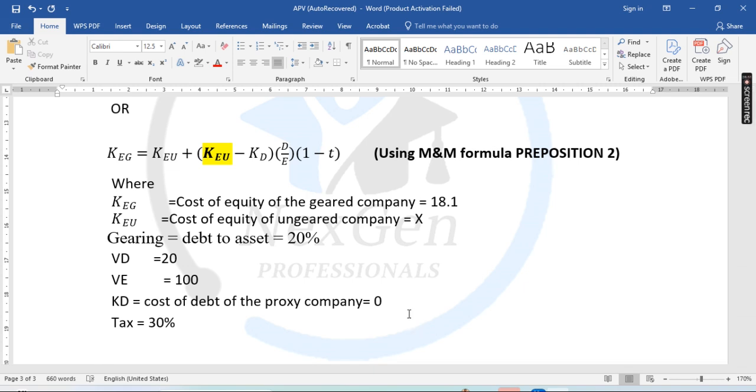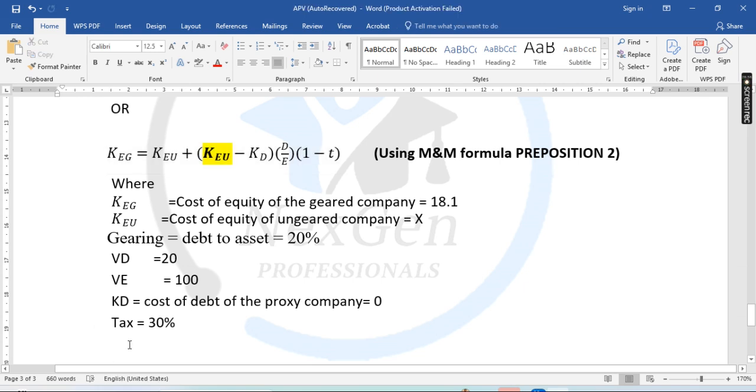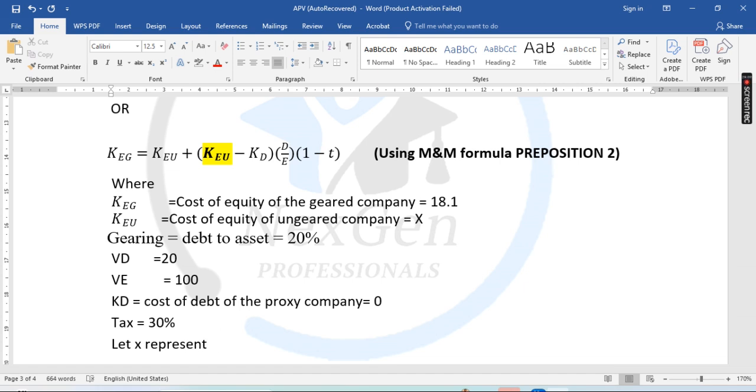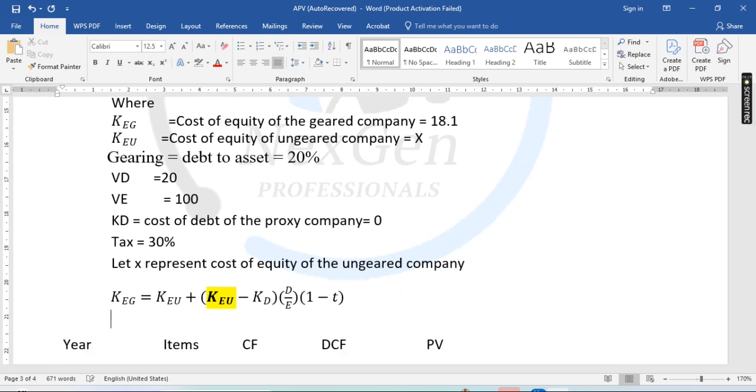Now, in this case, let me copy this formula. I say let S represent the cost of equity of the ungeared company, right?